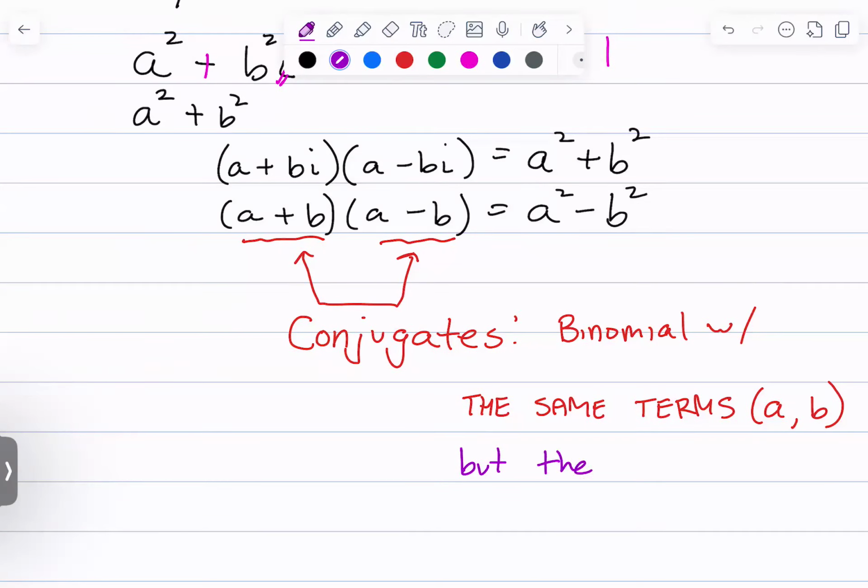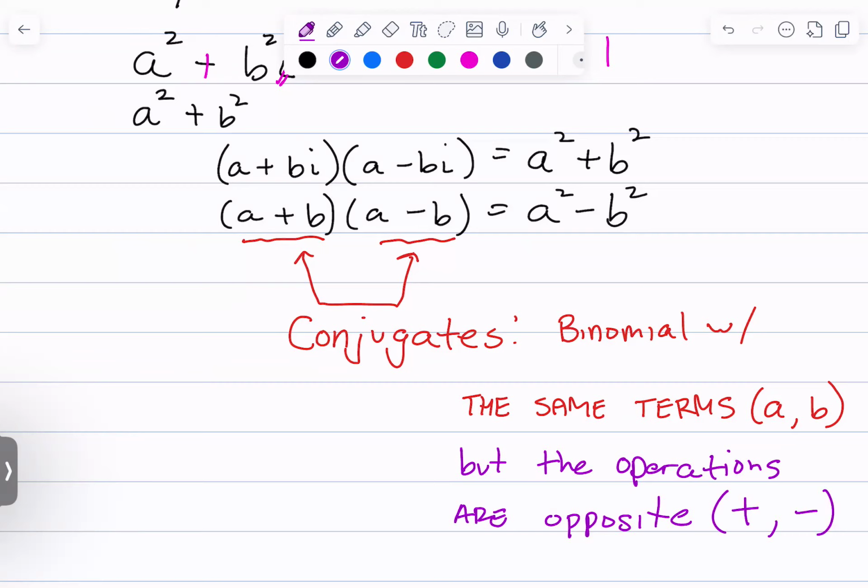But the signs, the operations, are opposite. Okay, it's always going to be a plus and a minus. Okay, those are conjugates.